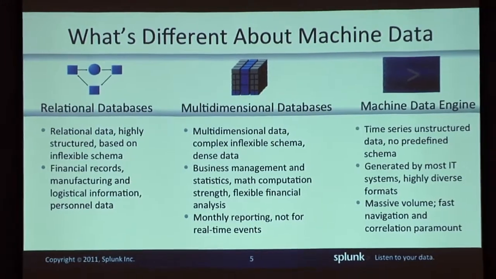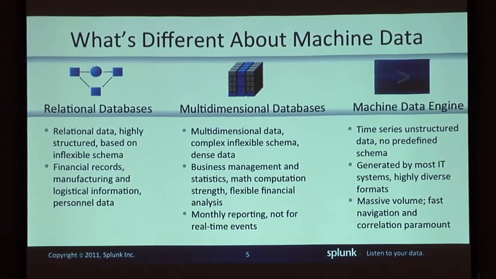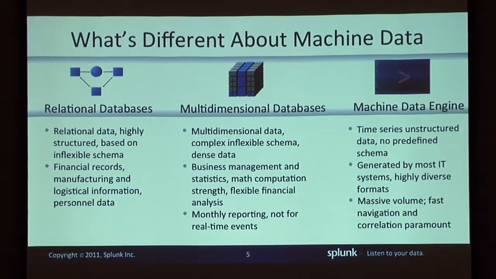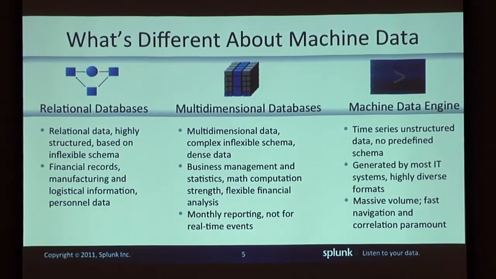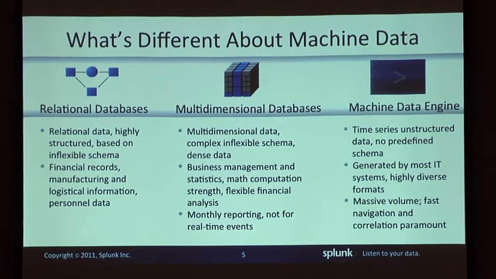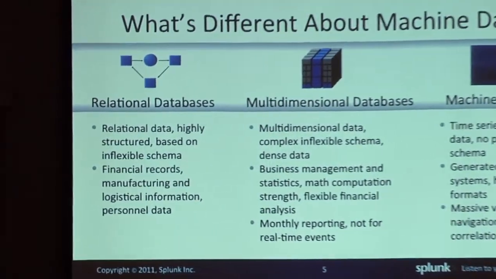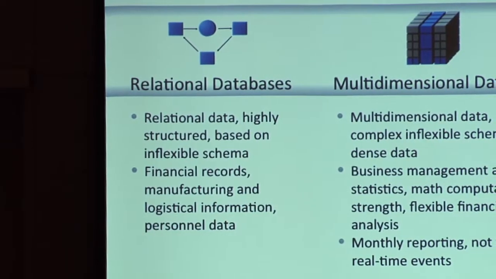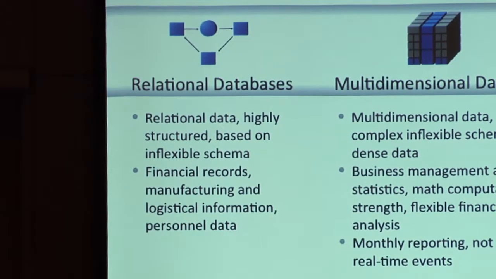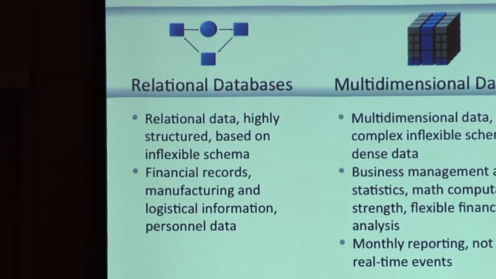I keep talking about unstructured data, so what makes it different? Traditional relational databases, things like SQL Server and Oracle, are based on a schema, which means they're not flexible. If you want to pipe data into a SQL database, you have to use some kind of connector to get data from one format into another.